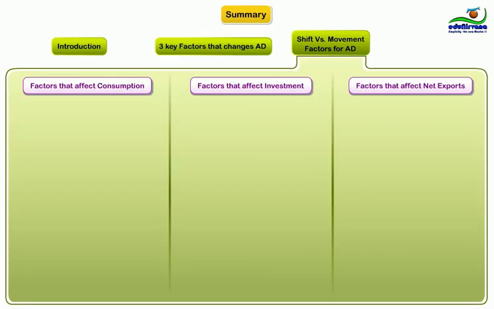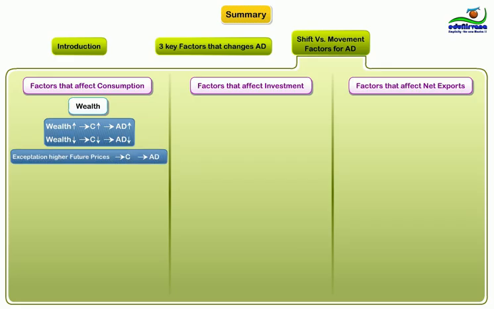Then the factors affecting all individual components of aggregate demand were discussed. The factors that affect consumption: wealth. Wealth increases, consumption increases, aggregate demand increases. Wealth decreases, consumption decreases, aggregate demand decreases.